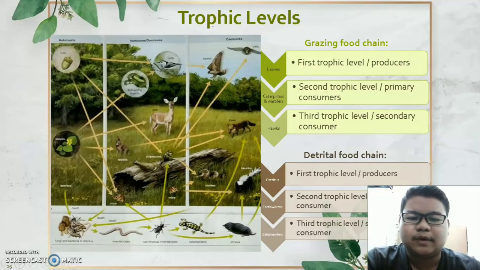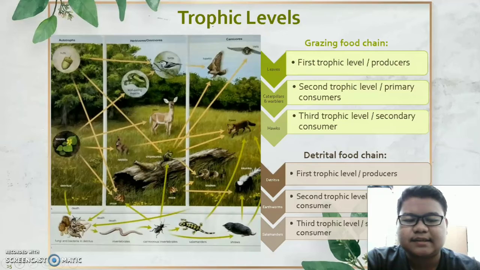And then we have the caterpillars and warblers at the second trophic level as the primary consumers, and after that we have hawks as the third trophic level as the secondary consumer. And that is an example from the grazing food chain.